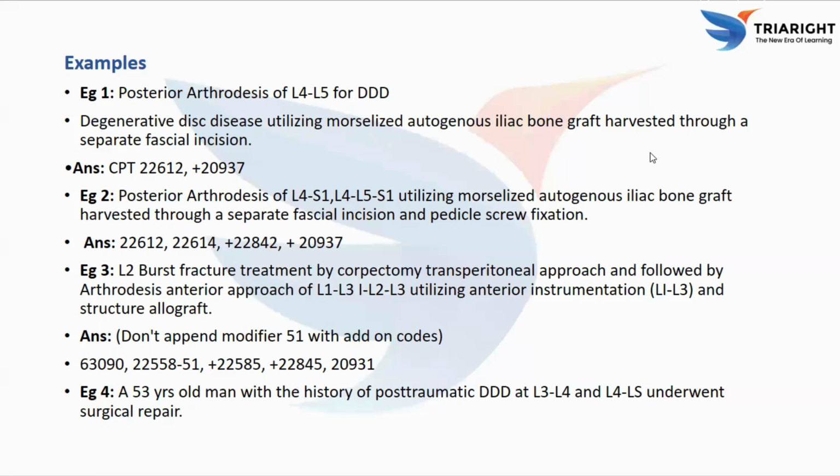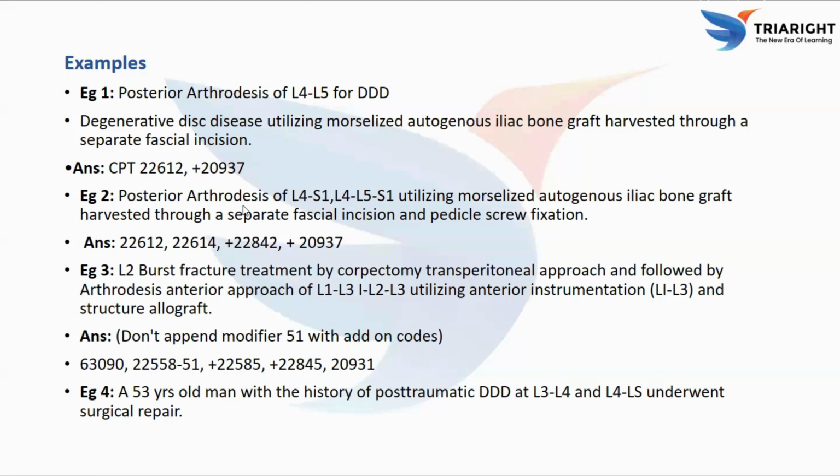So the posterior fusion uses the posterior arthrodesis code. The bone graft is taken from the iliac crest via a separate incision, so you have to add the graft harvest code. So the codes are 22612 for posterior lumbar arthrodesis for a single level and 20937, which is an add-on code for autogenous bone graft. So why plus 20937? Why have we coded 22612 and 20937?